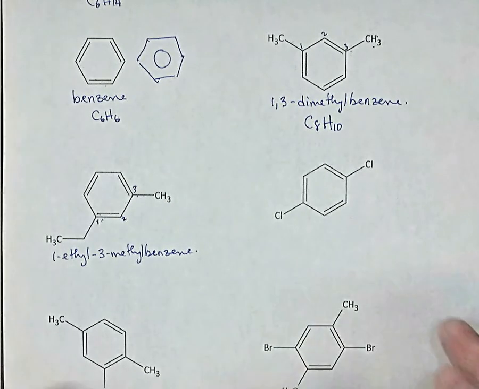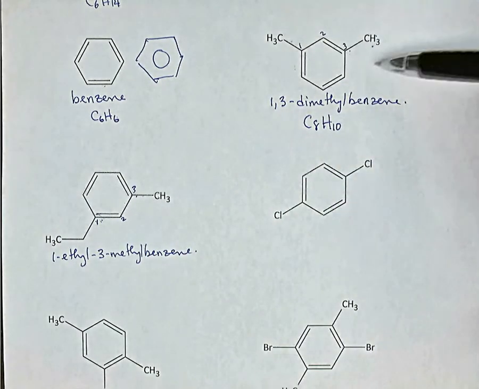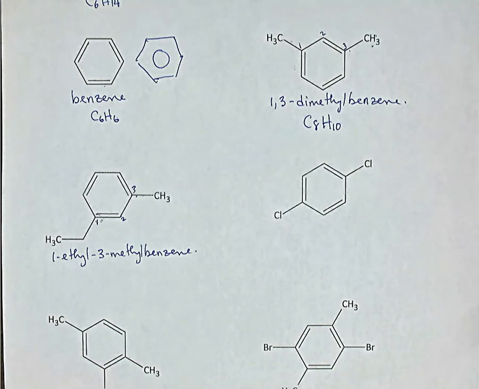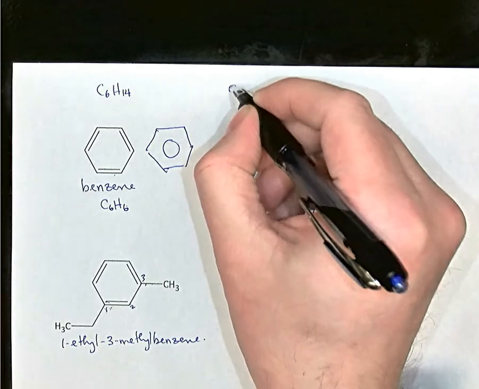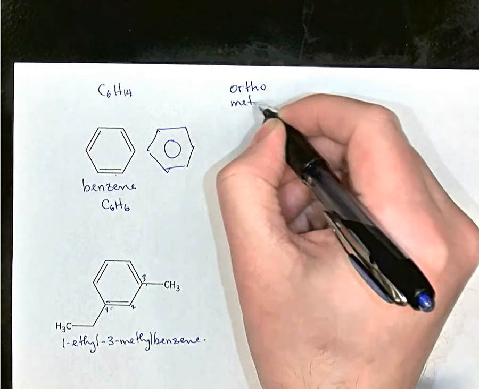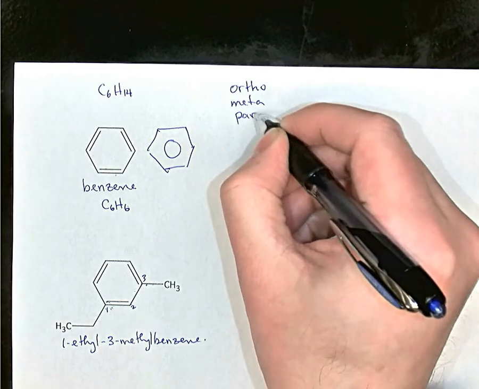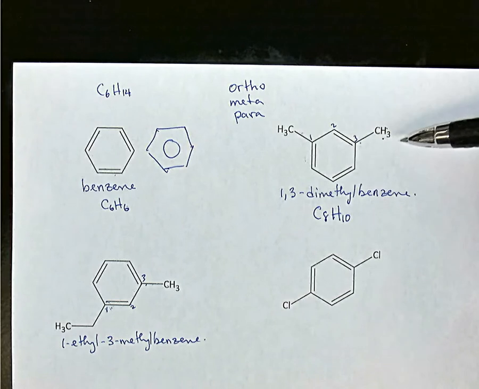Now, the second and third examples were benzene rings with 2 branches on them. There's an alternate way to name them, an older name. The older name used prefixes ortho, meta, and para. So these prefixes are only used for benzene derivatives and only when there are 2 branches attached.